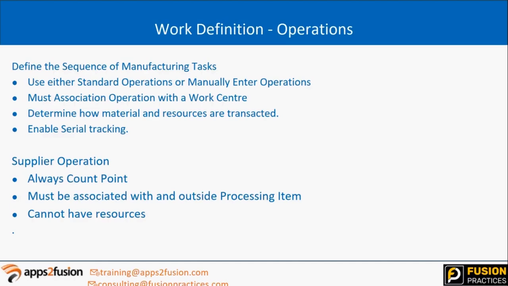Like one of my customers had those digi boxes, the cable digi boxes, and they had two classifications. One was where they want to just track the serial number at the end of the work order completion, and there were certain other equipment where they wanted to track at every operation.